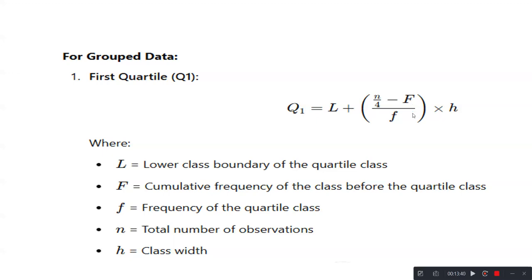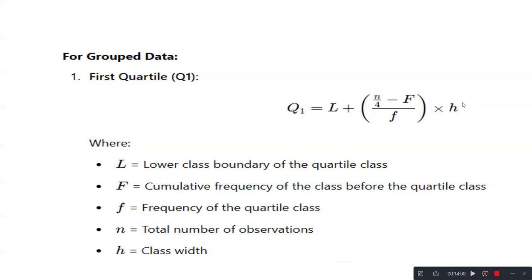So this is the cumulative frequency before the quartile class, divided by the frequency of the quartile class. Everything I multiply by h, which is the class width.